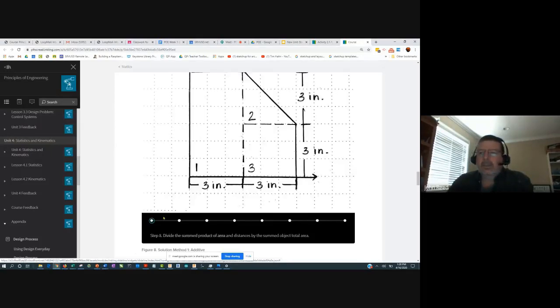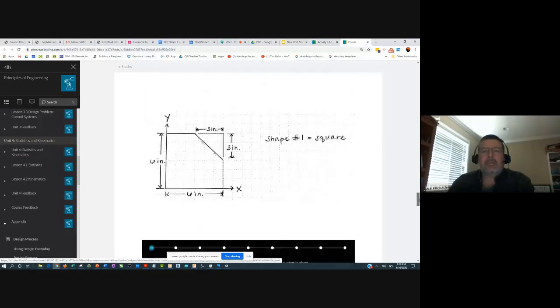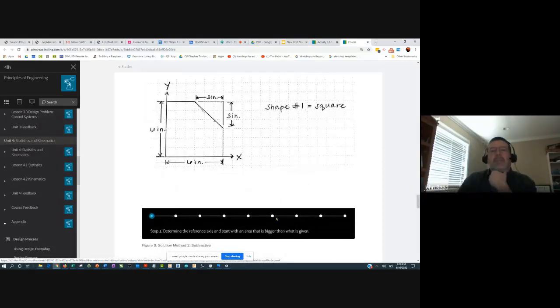Okay, so that's the additive method. There's another method called the subtractive where you do pretty much the same thing, but there's a subtle difference. For the subtractive method, we would take that same figure and we would make the whole thing and we'd add in a little chunk here. So we divide it into the whole thing, and then we would subtract away this by giving it a negative area.